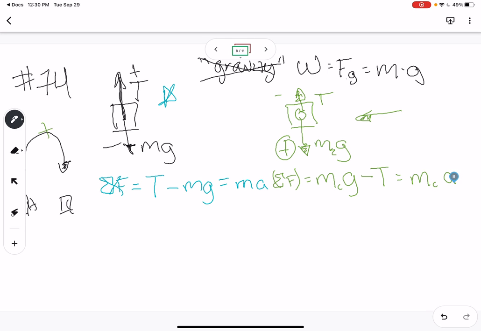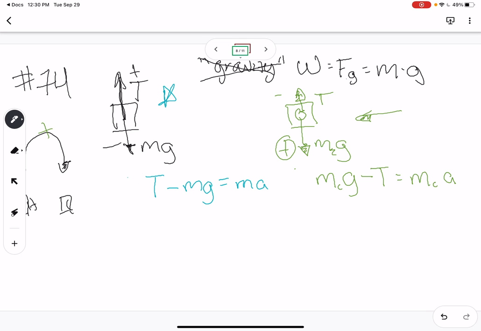Again, sum of all forces equals mass times acceleration. Again, the sum of the forces disappears over here, leaving us two equations and two unknowns.